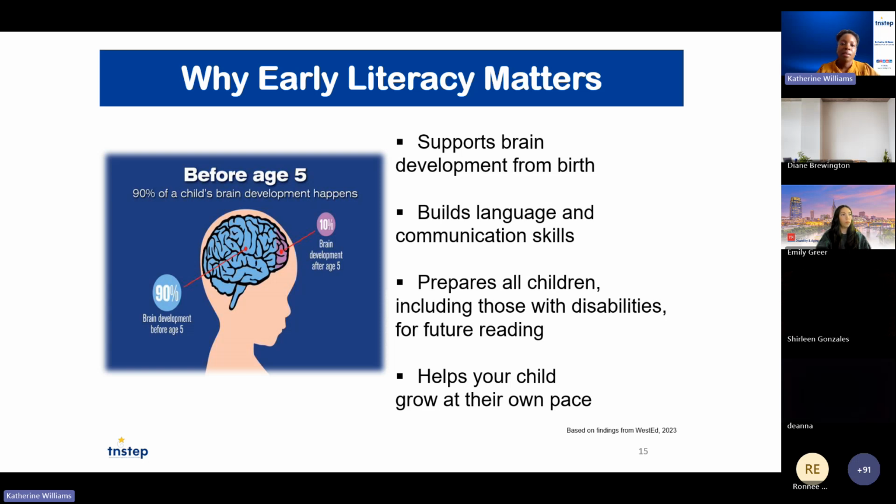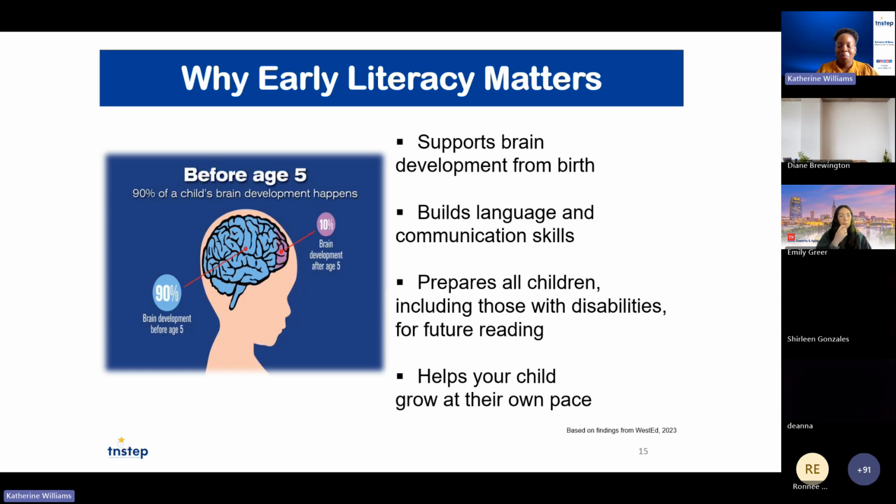And it's important because it helps your child to be able to grow at their own pace. So whether it's using verbal communication or nonverbal communication, you can include signs or gestures, sounds, you can include singing, as we said earlier, pictures, words, even technology.